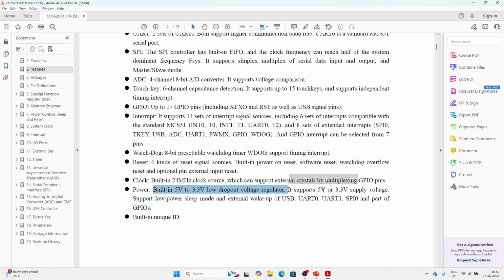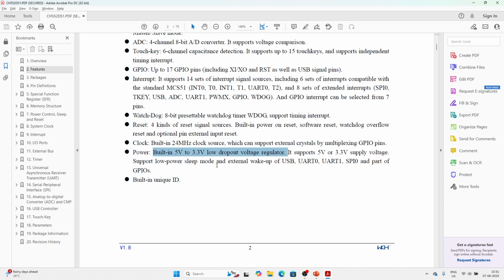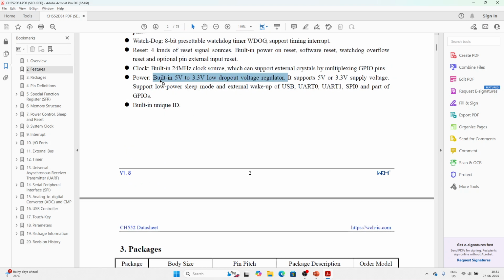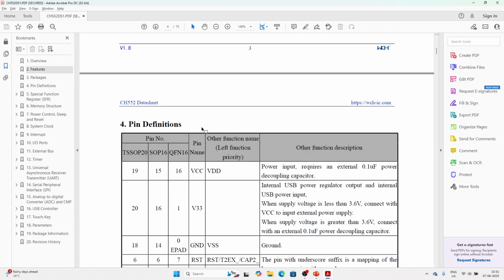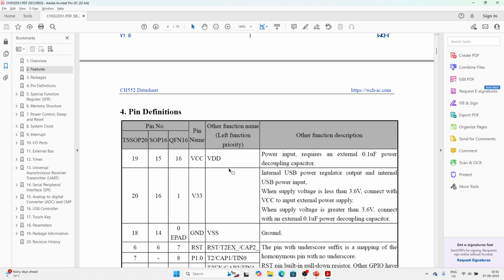It supports 5 or 3.3 volt supply voltage, supports low power sleep mode and external wake up of USB, UART, and so on, right? So this works on 5. It talks about built-in LDO, right? Nothing on power requirements. Power requirements come a bit further down.